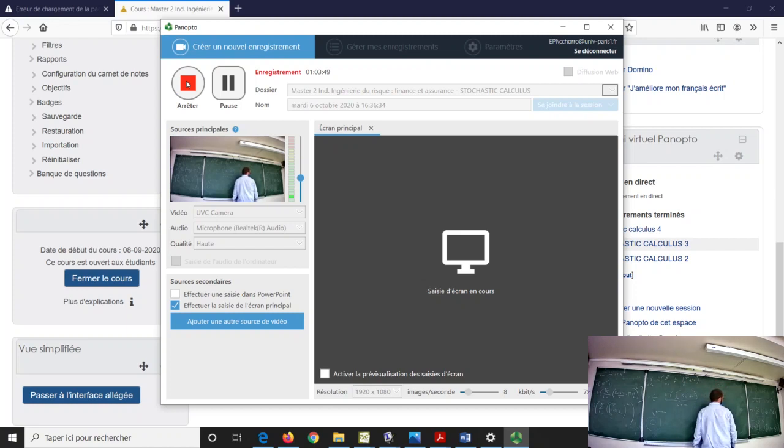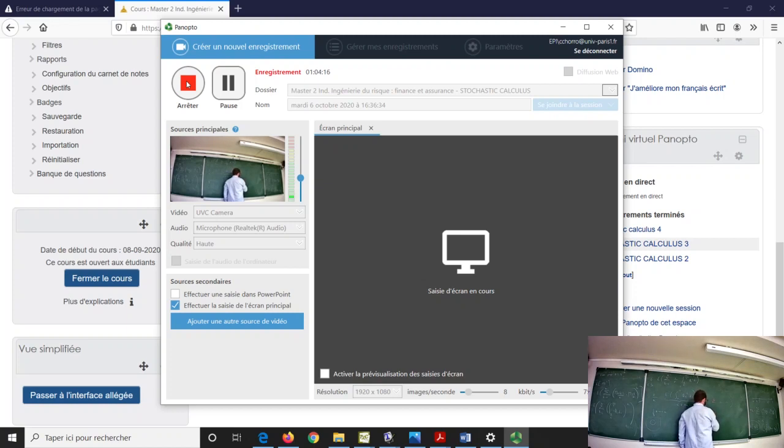You have, let's say, A_{k+1} minus A_k, and you do the square of this one. Okay. If I develop the square, I obtain what?